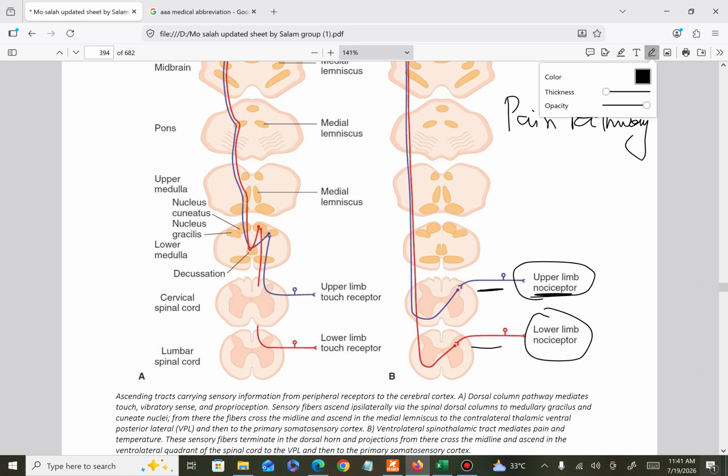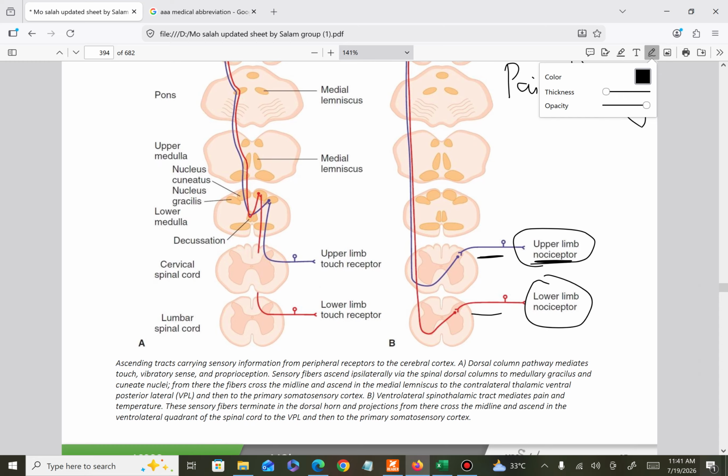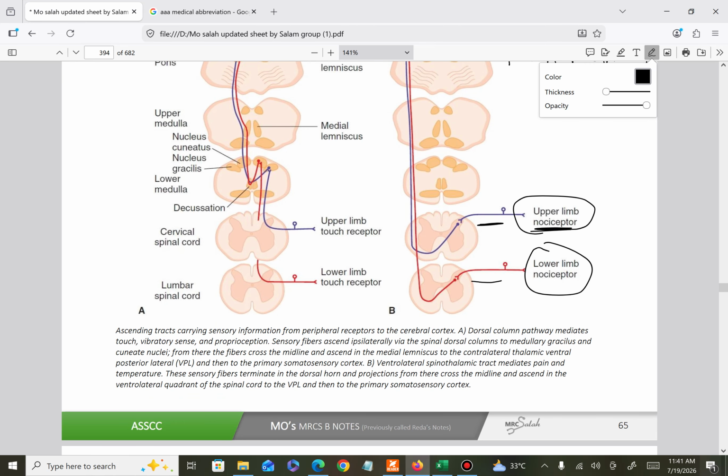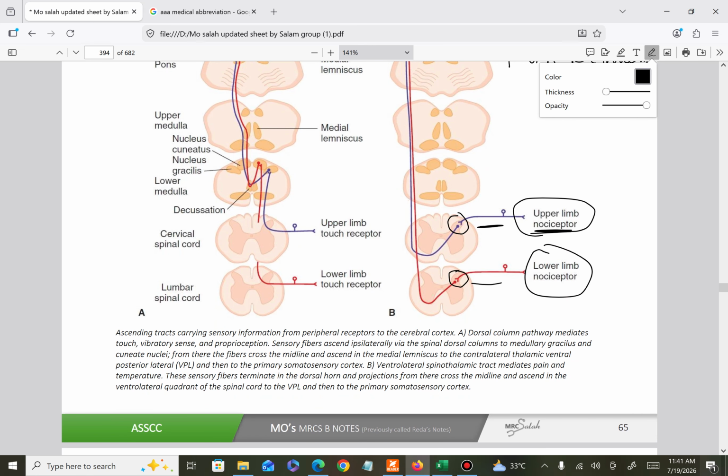So these sensory fibers transmit the pain from the pain receptors to the spinal cord. Okay, it terminates in the dorsal horn of the spinal cord, and then it gives the tract, which is called the spinothalamic tract.